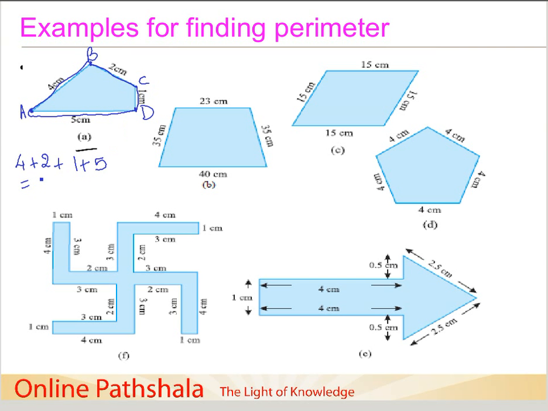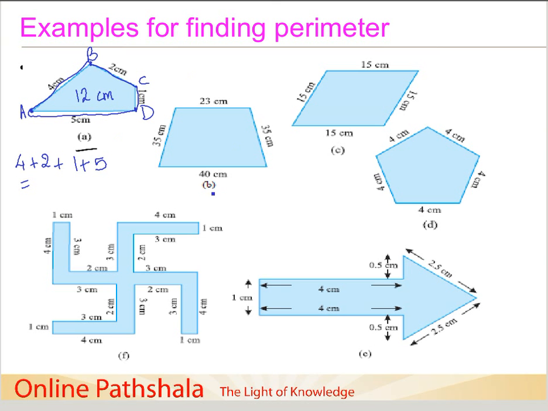And when I add these up, 4 plus 2 is 6, and 1 is 7, and 7 plus 5 gives us 12 centimeters. Therefore the perimeter of this is 12 centimeters.